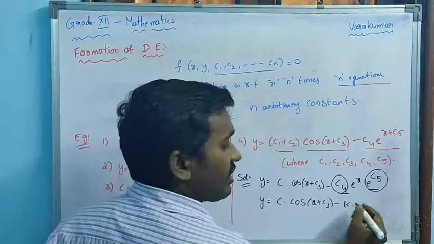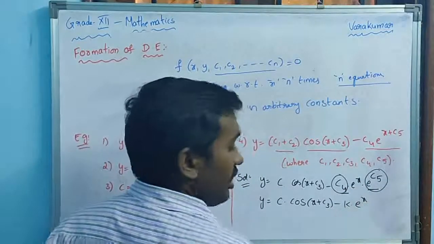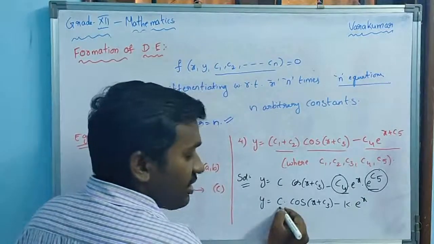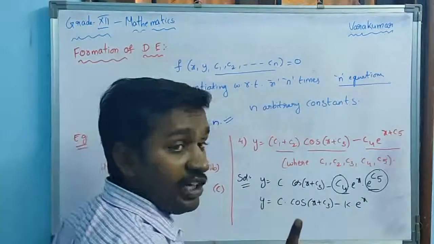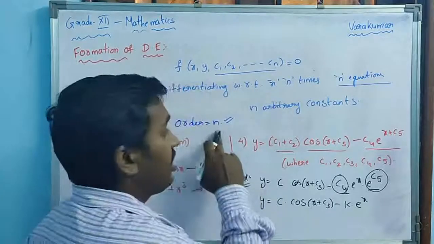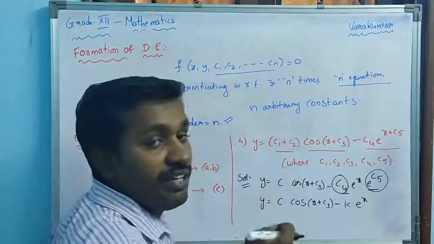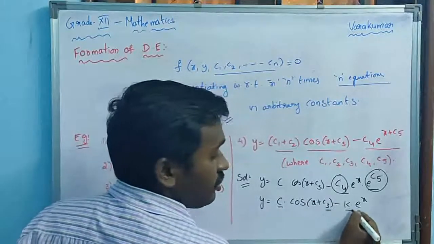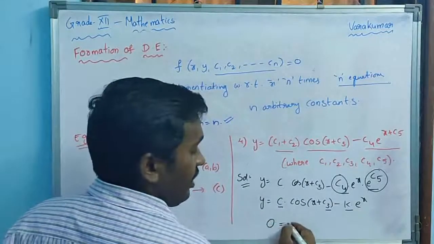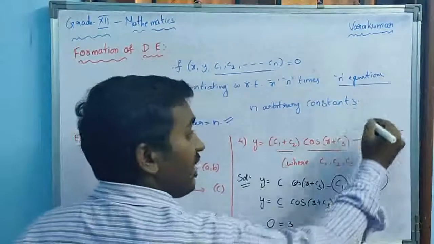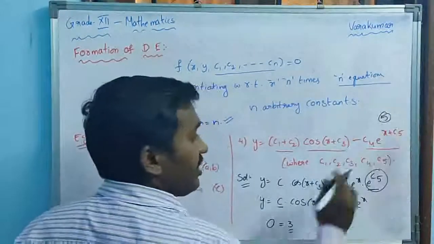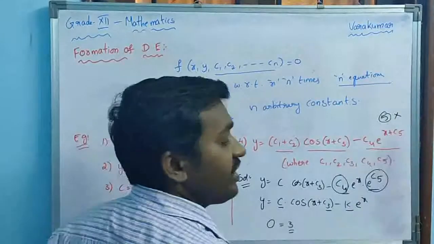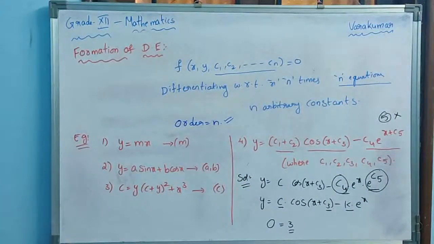So I take another constant, into e power x. Now see how many arbitrary constants there are. These are all independent arbitrary constants. So remember, the order of the differential equation is defined by the number of independent arbitrary constants. So 1, 2, 3: the order will be 3. At first we wrote 5, now it is 3, so 5 is wrong. This is the way you have to find the order of the differential equation.